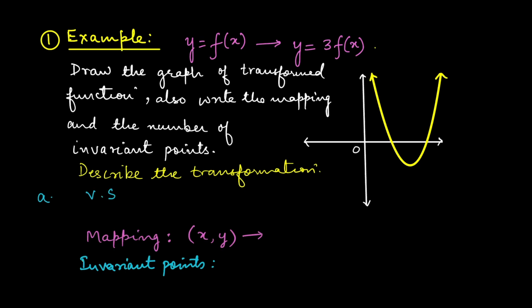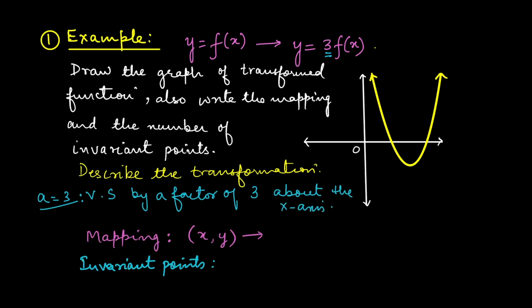The a value is 3 here and it's positive, so we just write vertical stretch by a factor of 3 about the x-axis. The mapping is always given the same way, (x, y) to (x, ay), so here a is 3, so it is (x, 3y). And how many invariant points? There are 2 x-intercepts, so we write invariant points are 2, which are your x-intercepts.